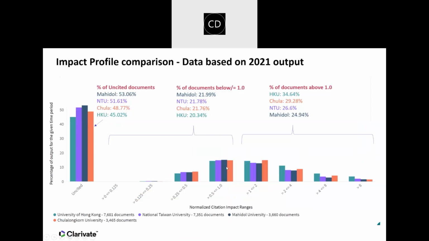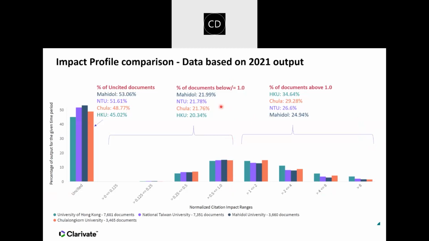The other visualization that you can utilize on InCites is what we call the impact profile. So this allows you to compare the research impact of the organizations based on CNCI, so category normalized citation impact. If you remember my definition of CNCI, any value that is 1 represents the global average performance. On the right-hand side, these are buckets that represent those that are performing above 1.0, meaning they are performing above global average.